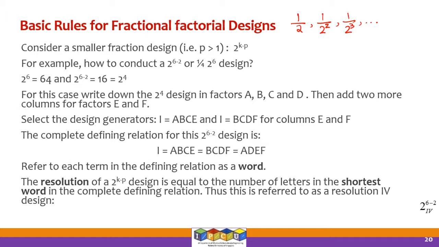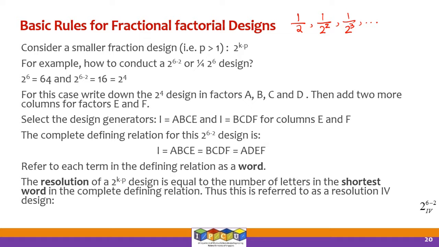The fraction actually depends on two things. One is the number of factors we have to explore in the system. That is denoted by the symbol k. And we also know the number of experiments that we are able to afford on the system.